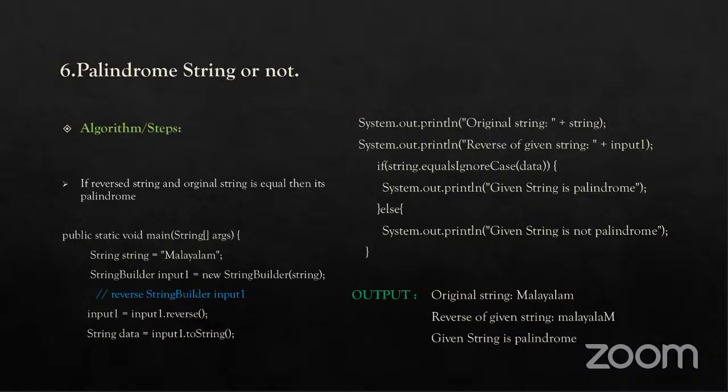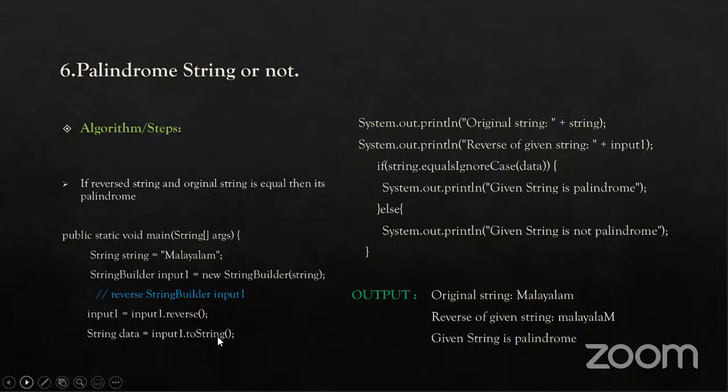We need to convert the StringBuilder object to a String object. Then only can we compare the original string and the reversed string. So for that, I am converting this input one to a string. For converting any object to a string, we have the toString method. We can use toString for converting a character or a StringBuilder object or anything to a String object.